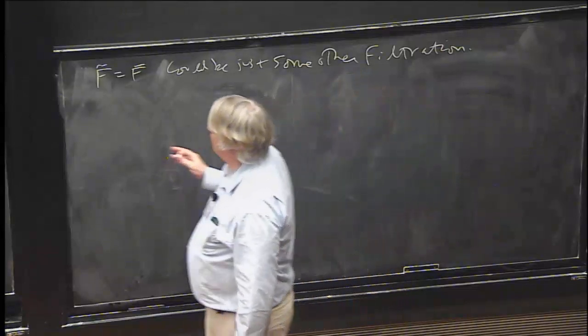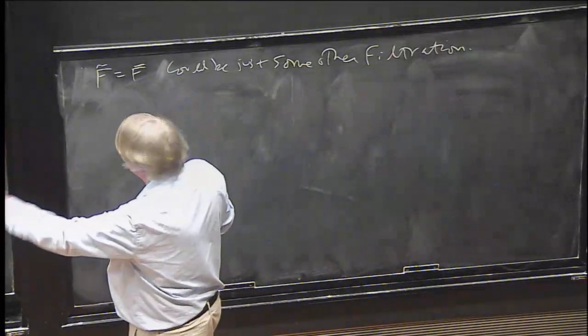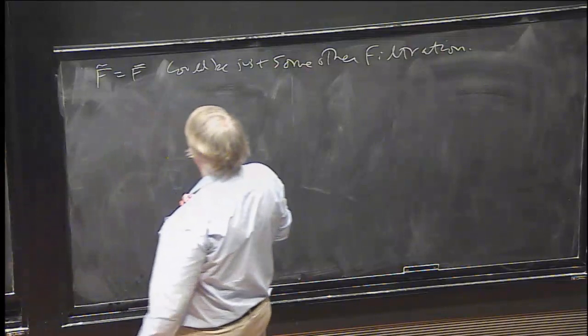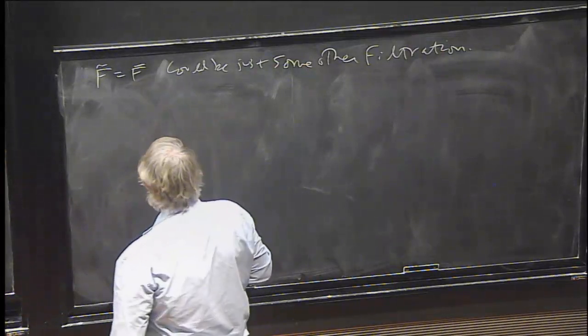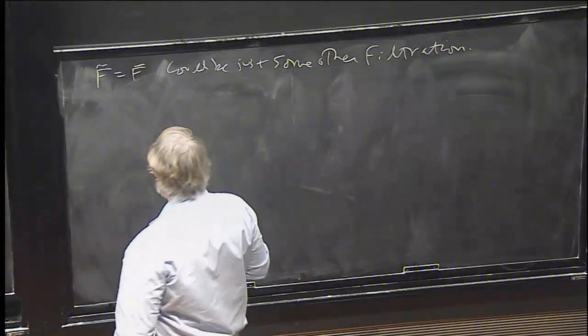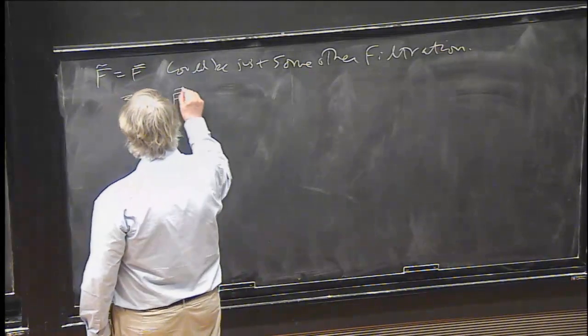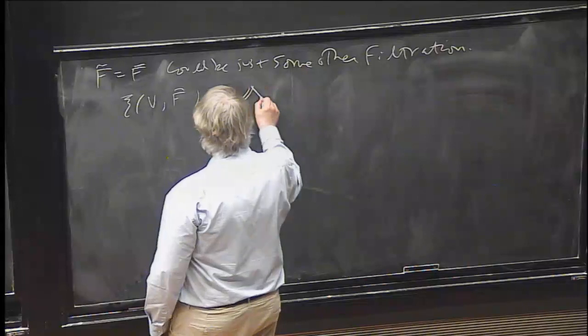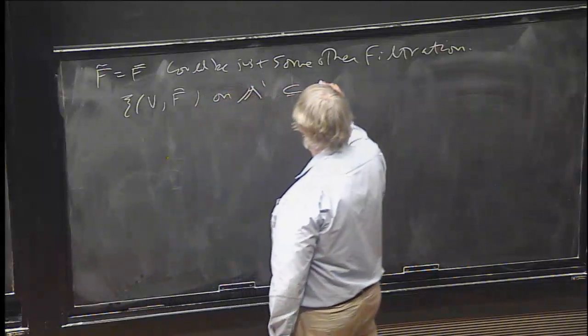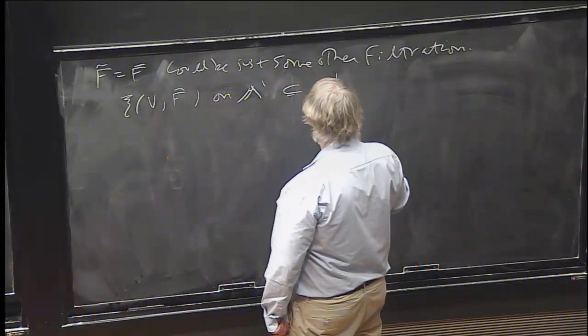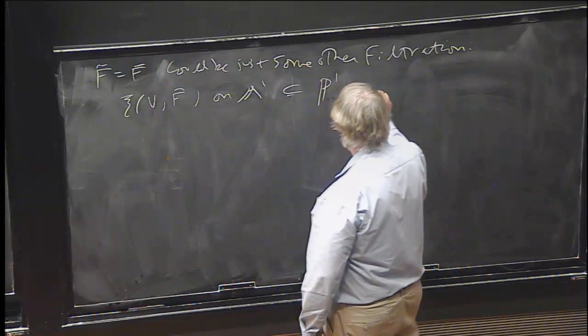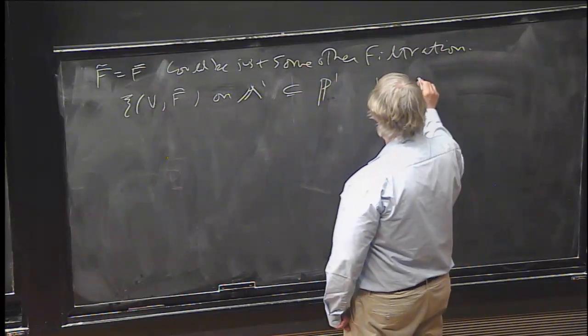In our case it's the bar, but we're not worrying too much about the analysis here. So let's just suppose we have some other filtration. Then we can do the Rees construction of V with F tilde on A1, but we think of A1 as being the other neighborhood inside the projective line. So it's the neighborhood of infinity.